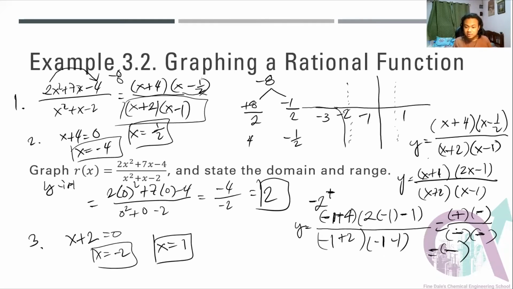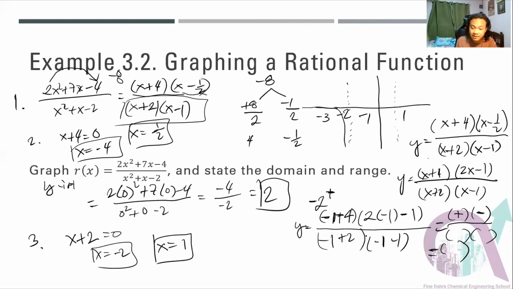Okay? So unsa man ang mga signs ana karon, di ba? So kung kini siya 4 minus 1, positive, di ba? Negative 1 plus 4, positive 3. So positive 3 ang sign niya diri. Next dayon, negative 2 minus 1, so negative 3, so negative, di ba?